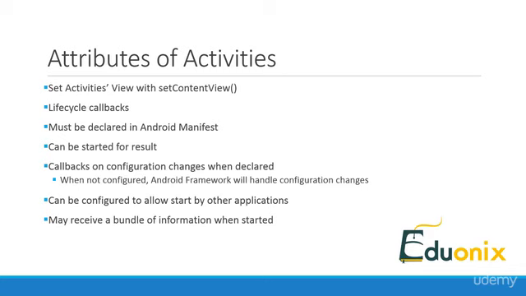Part of the capabilities of the activity class is that they can be started for a result. This means that an activity can be started and the user can complete some action in that activity, and then return to the previous activity with the result. Activities can also be declared to receive callbacks for configuration changes like orientation changes.